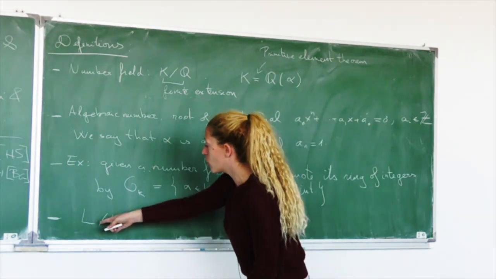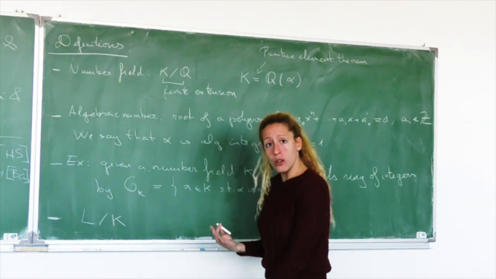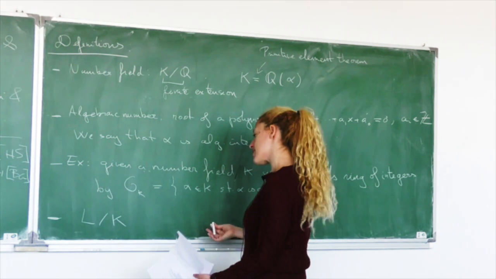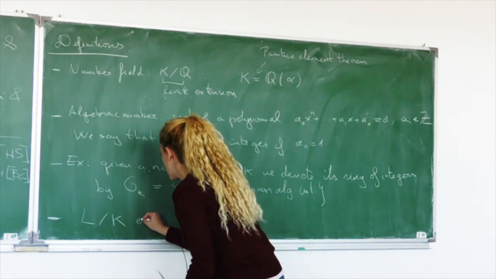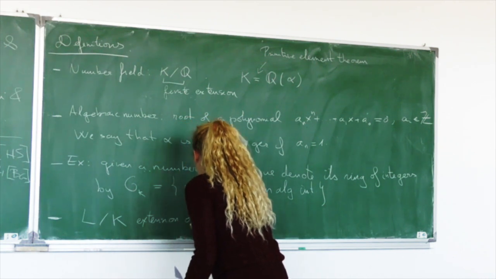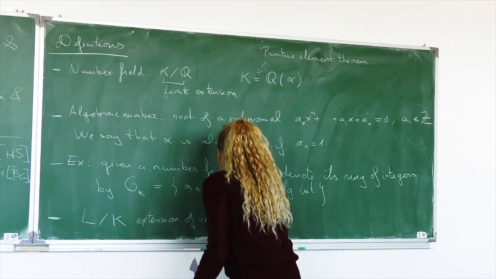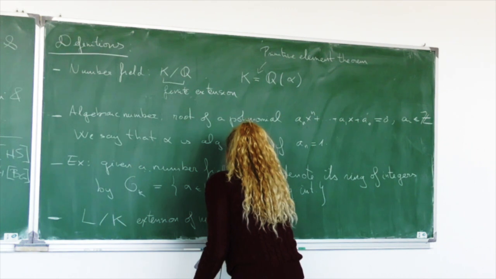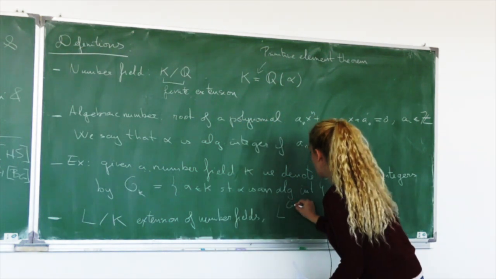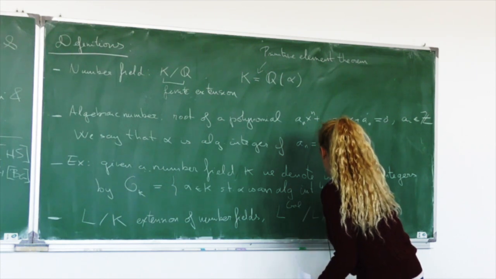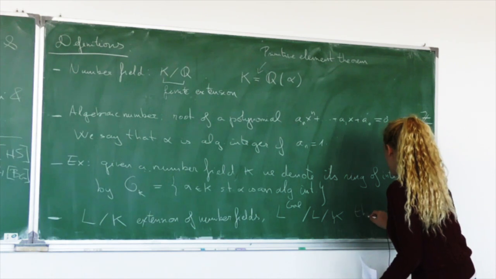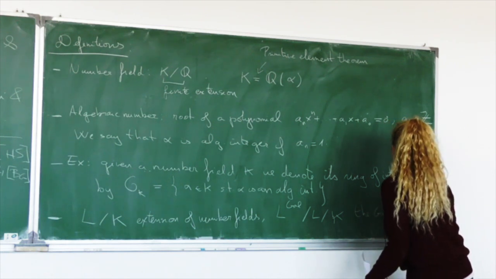We can take, given such an extension, we can look for the Galois closure, right? I mean, it's not always standard, but this is an extension of number fields. And we can denote by L^gal, over K, the Galois closure.